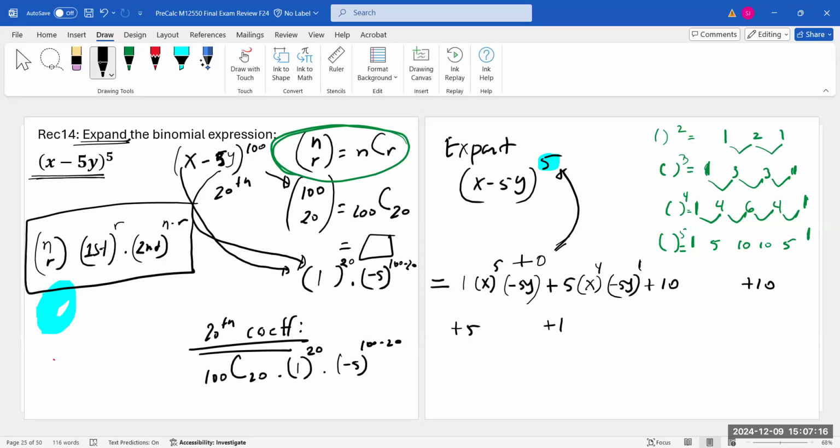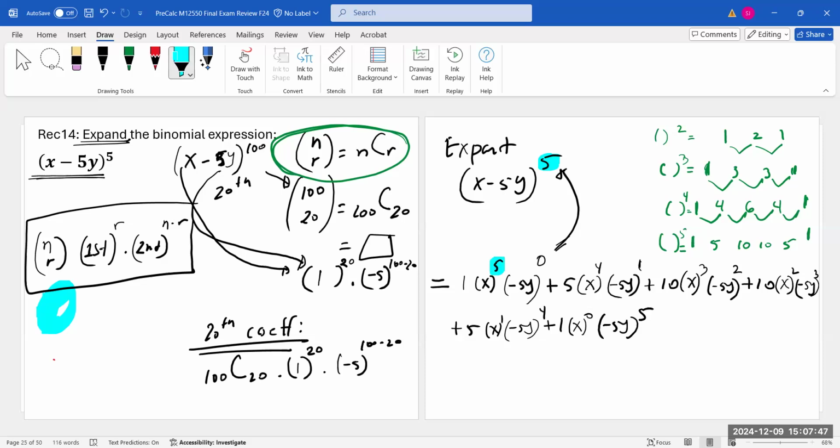Then we have x to the 3, x to the 2, x to the 1, and then we have x to the 0. So we have negative 5y to the 2, negative 5y to the 3, negative 5y to the 4, negative 5y to the 5. So if you observe, all the x powers are going down one by one.